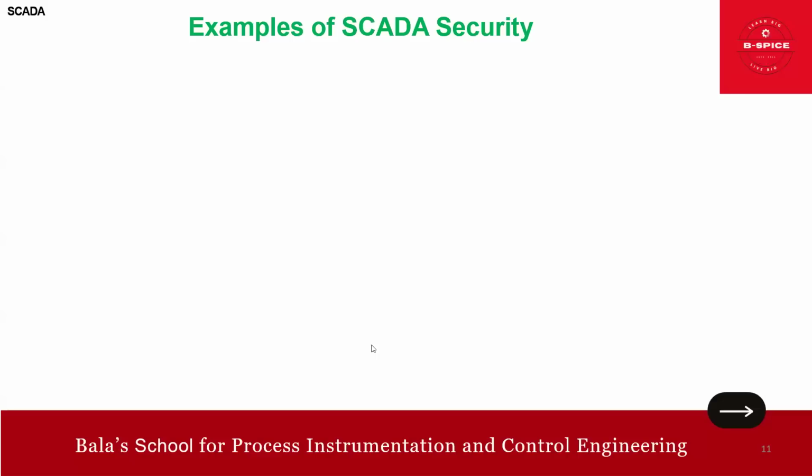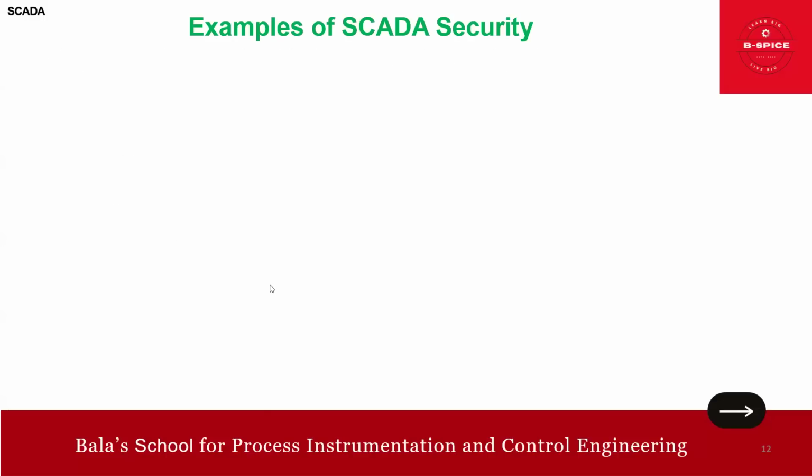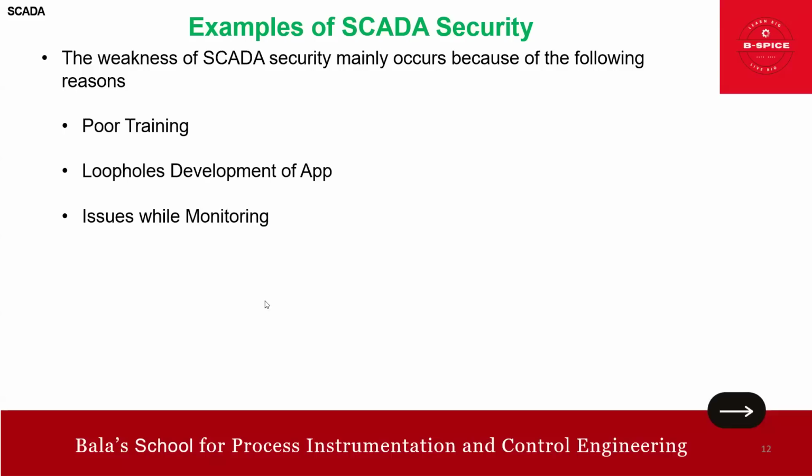Now, we'll talk about examples of SCADA security. See how threats can occur in SCADA. One is the hacker, you all know. Then terrorists, of course, asking for ransom. Then we have malware attacks. Then errors from inside. These are some of the threats which we all know. Now, what is the weakness? The weakness of SCADA security mainly occurs because of poor training. The personnel are not trained well, and there are loopholes in the development of the application, issues while monitoring, and of course less maintenance.